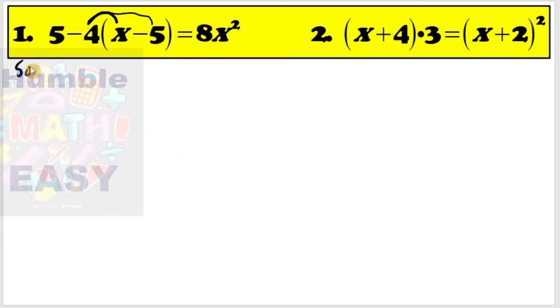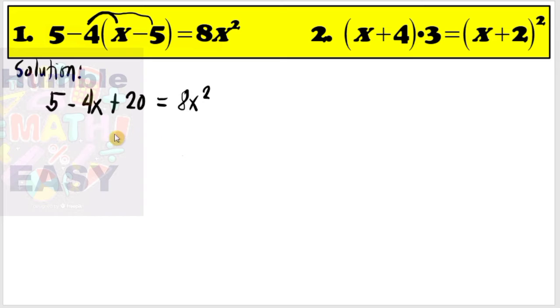So in the solution, we copy the 5, negative 4 times x, and that is negative 4x. Negative 4 times negative 5 is positive 20, so we write here positive 20. Then copy the 8x squared, which can be seen on the right side of the equation.